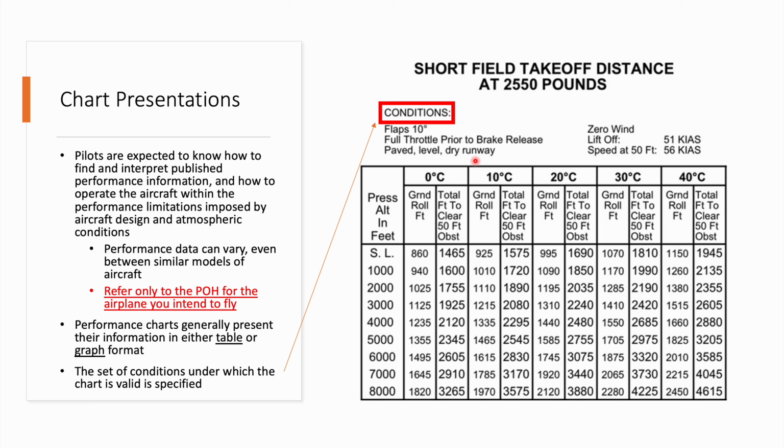Reason why they have to mention that almost as a disclaimer is if somebody is trying to take off with no flaps, partial power on like a grass runway or something, they can't expect to get this kind of performance in those conditions. But always look at the conditions. Sometimes we'll look at a different table, and sometimes it'll advise you to either add or subtract distances for takeoff or landing, depending if there's headwind or tailwind.